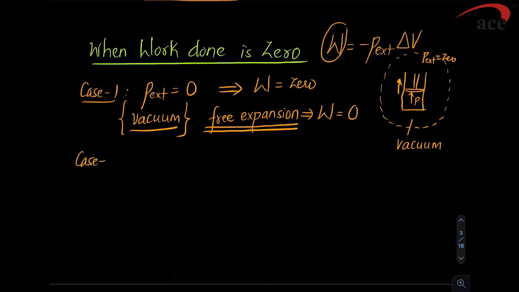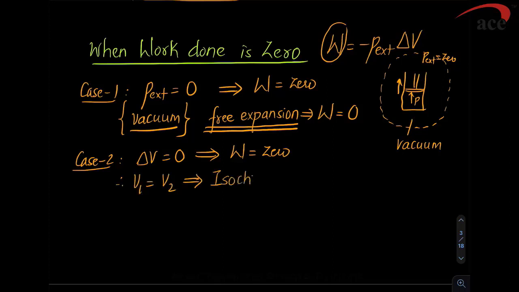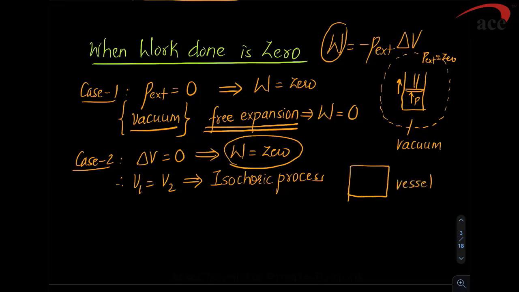Case 2. When can we have work 0? When delta V is 0. If delta V becomes 0, work becomes 0. For delta V to become 0, V1 should equal V2. That means the process has to be an isochoric process. In an isochoric process, work will be 0. Imagine you have a vessel with immovable, non-elastic, non-flexible parts. There will be no change in volume.